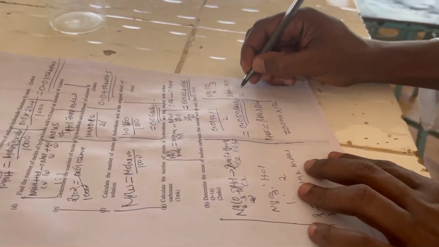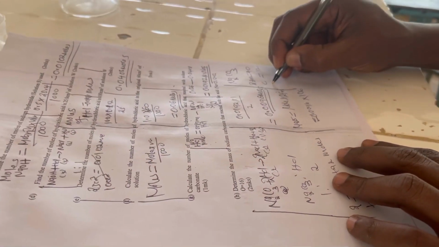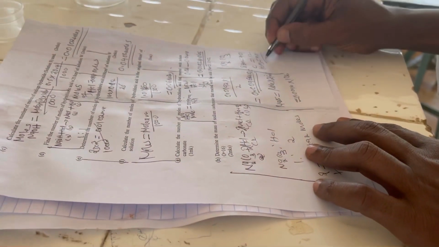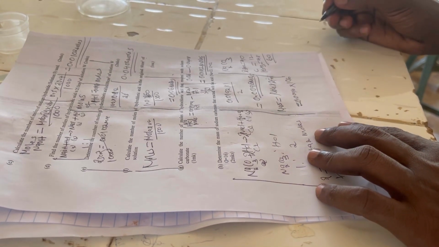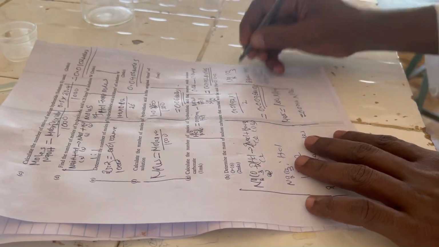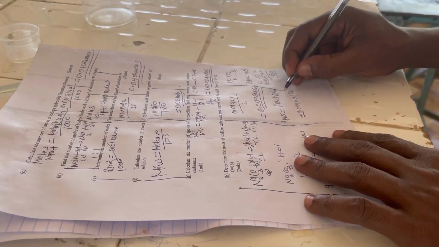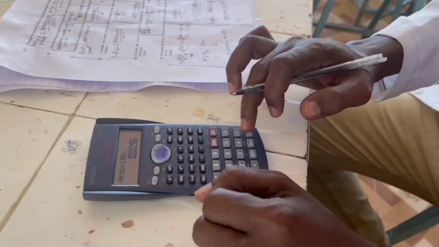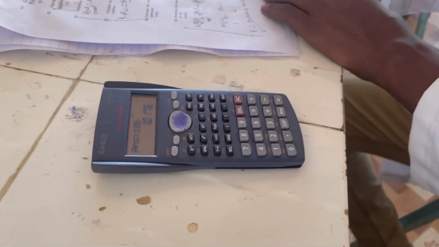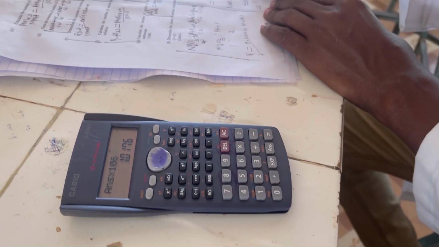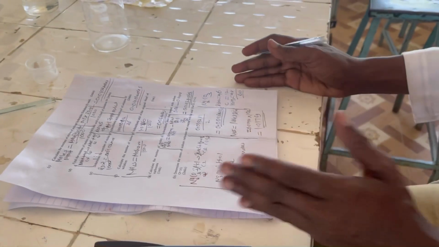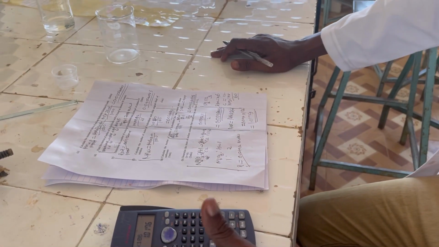Then carbon 1, that's 12. Then oxygen 16 times 3, that is 48. 46 plus 12 plus 48 is 106. So if you multiply it, it equals 1.0176 gram. So this is the exact mass of the sodium carbonate that reacted.